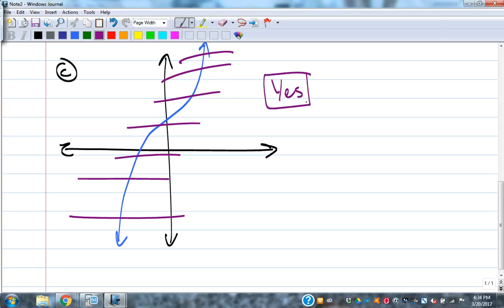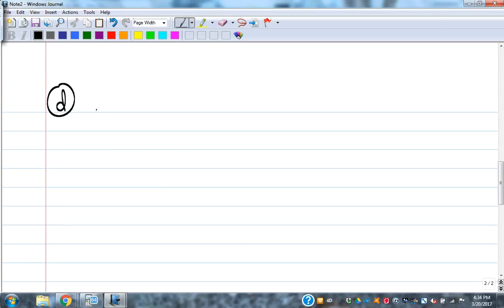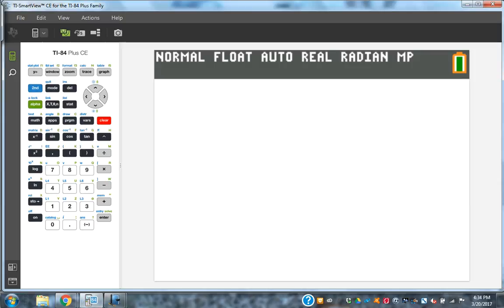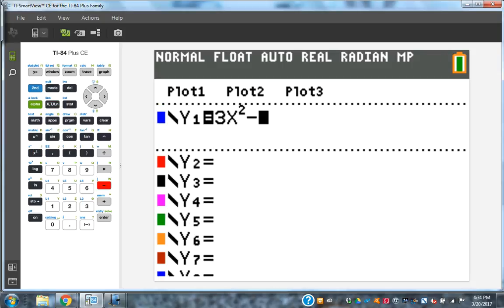All right. Now, even more difficult maybe is if they give you this function, f of x is equal to 3x squared minus 5x plus 7, and say, is that one-to-one? How can I check that? Graph it. Absolutely the easiest thing to do is graph that. Graphing calculator, go to y equals 3x squared minus 5x plus 7.